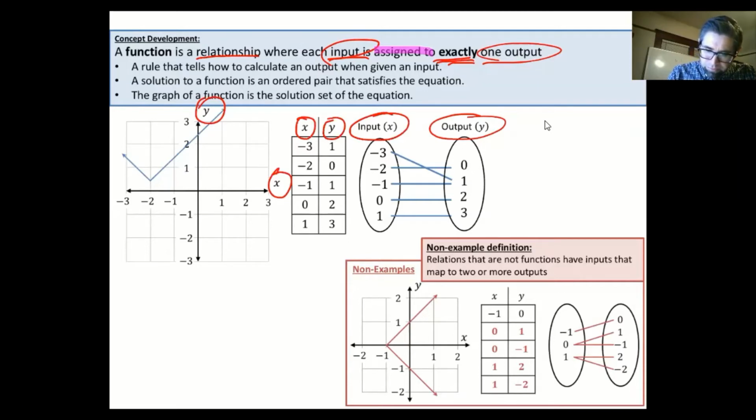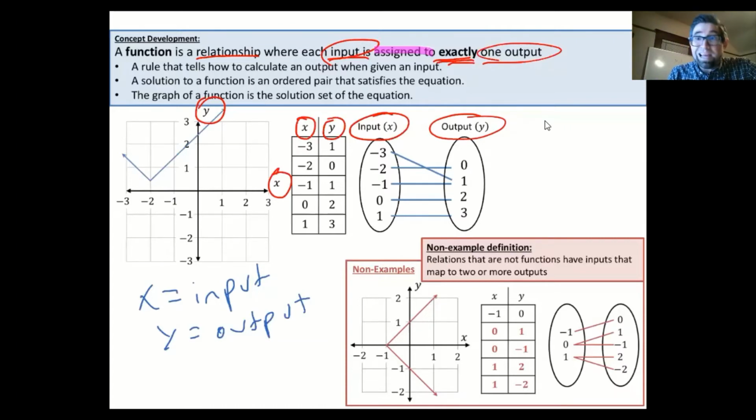We're always going to have that the input is going to be our x value, and y is going to be our output. So a function is a relationship where each input x is assigned, well, that word assigned kind of makes me think that it's given to it, or it is matched to it, or it corresponds to it. So a function is a relationship where each input x is assigned to exactly one output y.